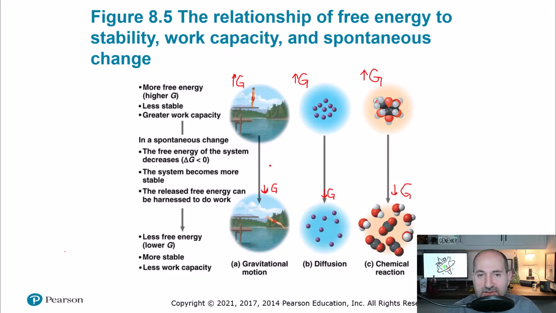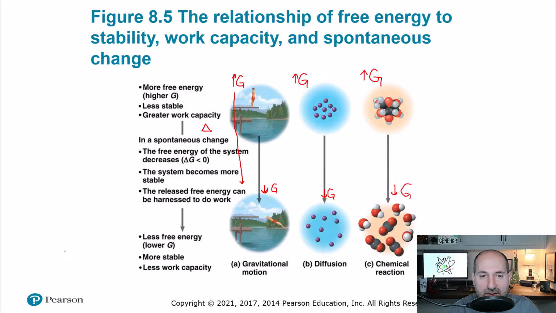Now, I want you to look at this. When the diver goes from a high G value position to a low G value position, what we say is that the change, and you guys know from math, change is denoted as a triangle, which is known as delta, the Greek letter D, delta.